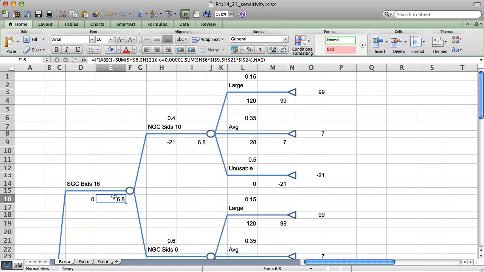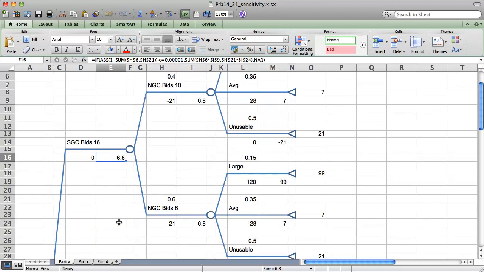So if SGC bids high, they're going to win the bid, and they could expect 6.8 million, at least considering the probabilities. And that answer is dependent upon those probabilities.